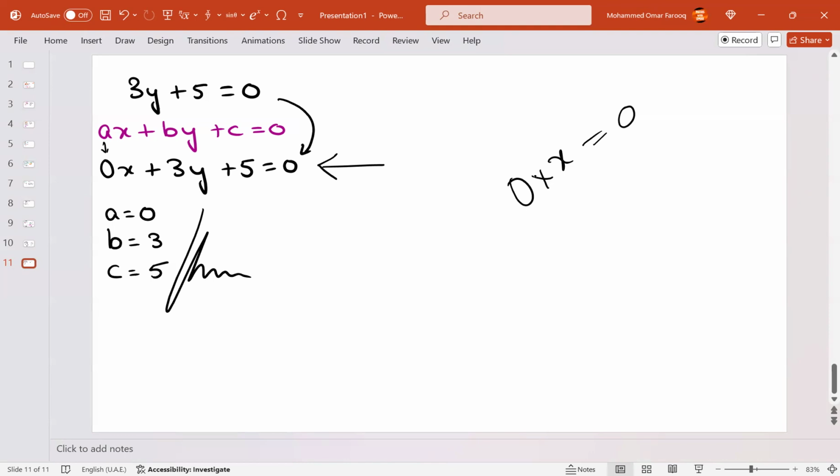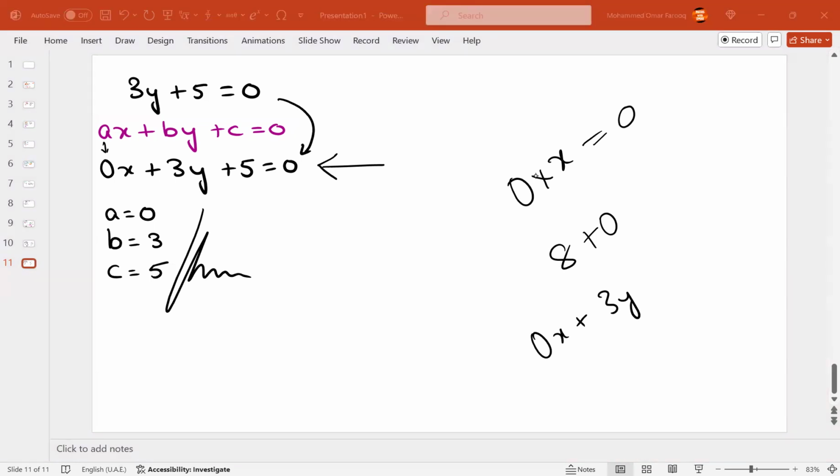So, if you have 8, can I write it as 8 plus 0? Will the value change? No, sir. So, if I have 3y, can I write it as 0x plus 3y? Will the value change?